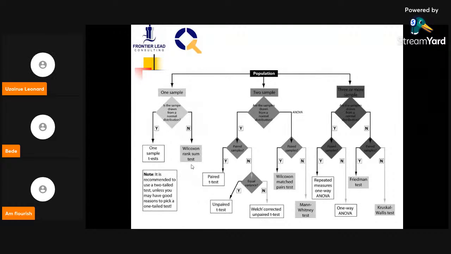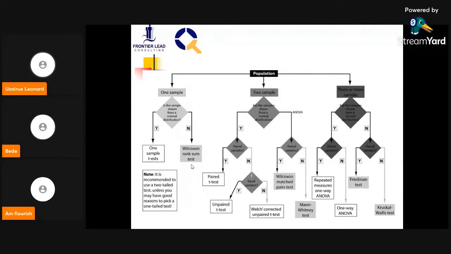Now, if they are not normally distributed, then the next thing you ask yourself is if they are paired. If so, you run what we refer to as the Wilcoxon matched pair test. Then if they are not paired, you run what we refer to as a Mann-Whitney test.